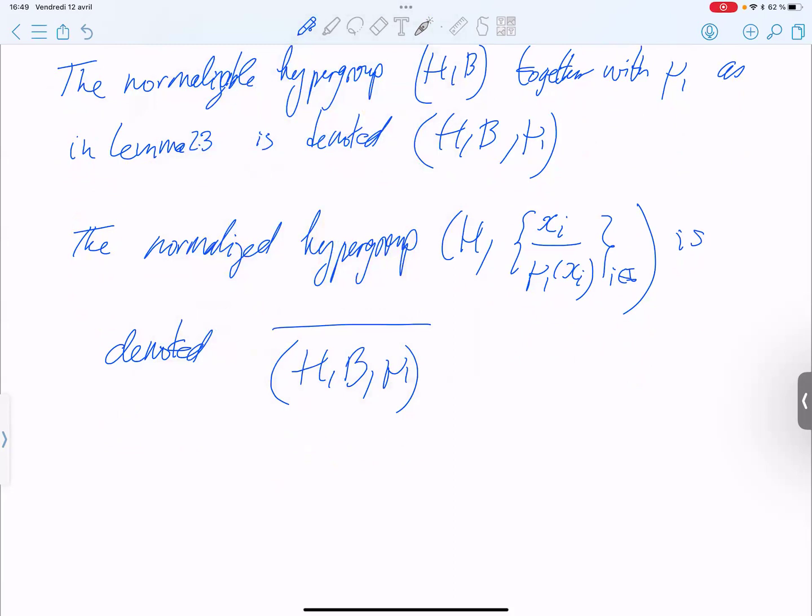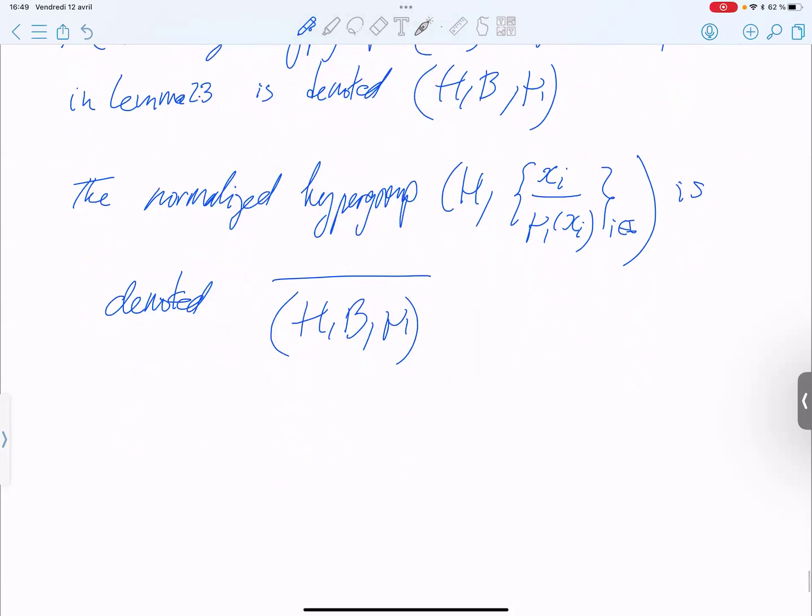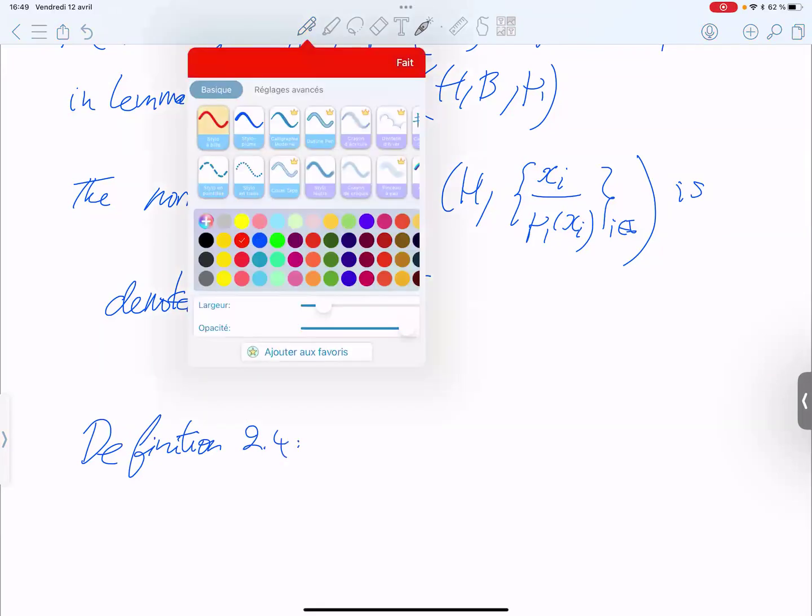Okay. So definition. Now we will consider the dual of the normalized hypergroup. Definition 2 for the dual.